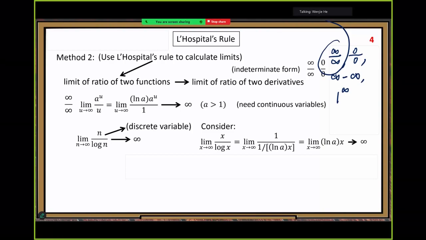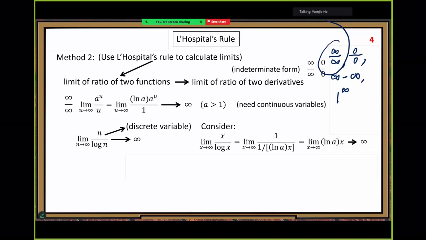So, the reason you can do it in that way comes from the definition of the limit. Here I do not want to show you the definition of the limit, I just describe the main points.